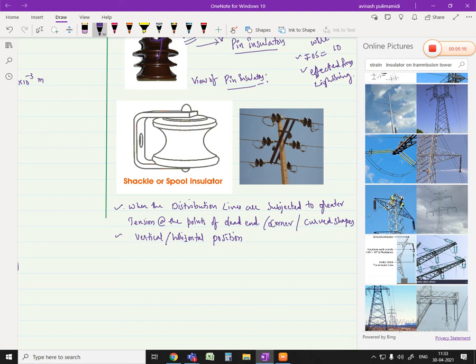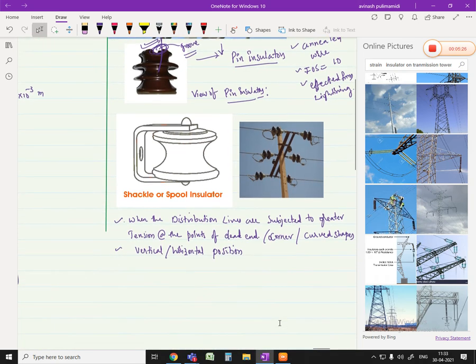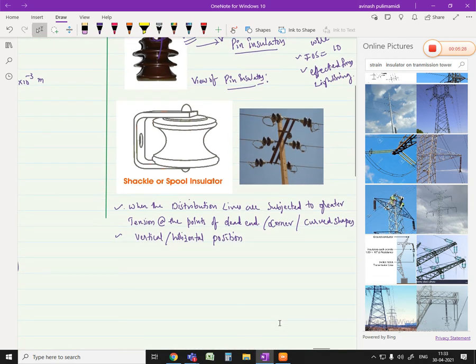As you can see over here, where do we observe this groove? The groove is over here. For shackle also, call it the shackle or spool insulator. So you can see this is the shackle or spool insulator.